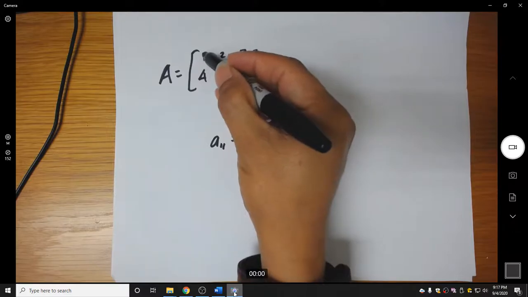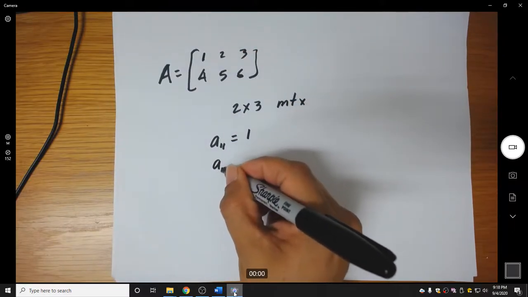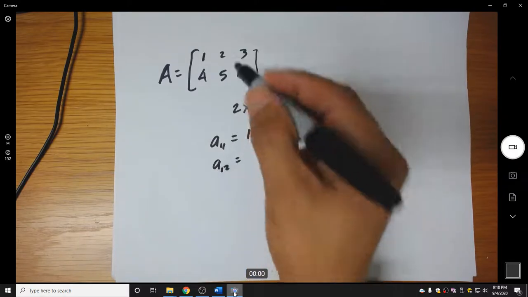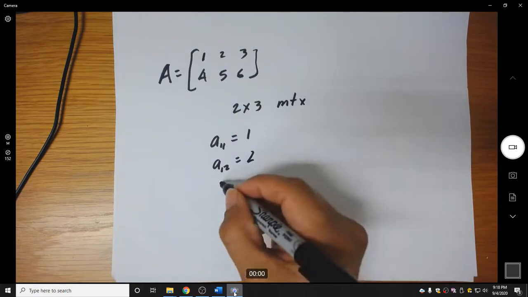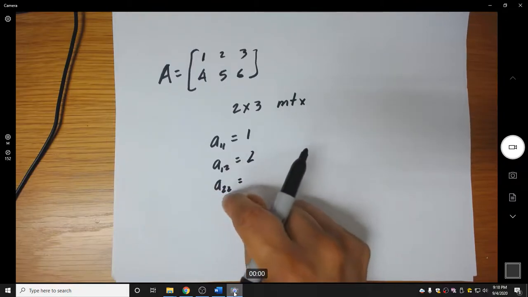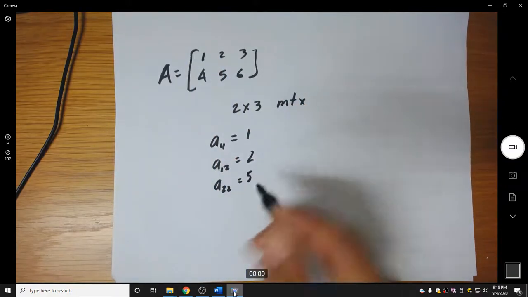In this case, that's 1. a12 is the entry that's located in the first row, second column, which is 2. a22 is the entry that's located in the second row, second column of A, which in this case is 5.